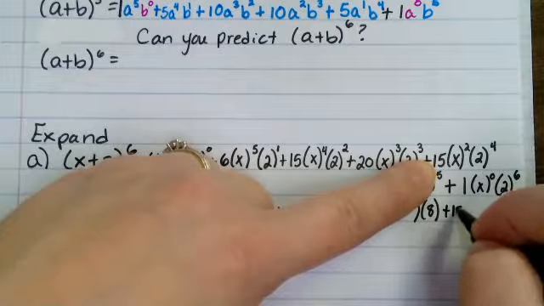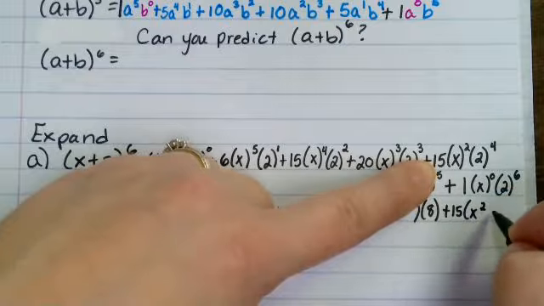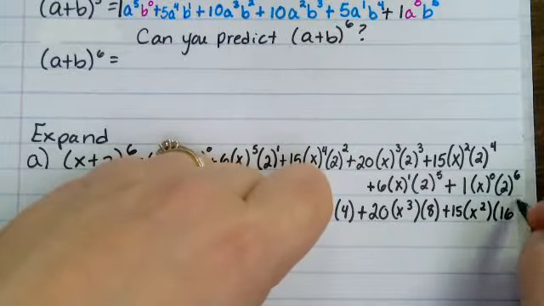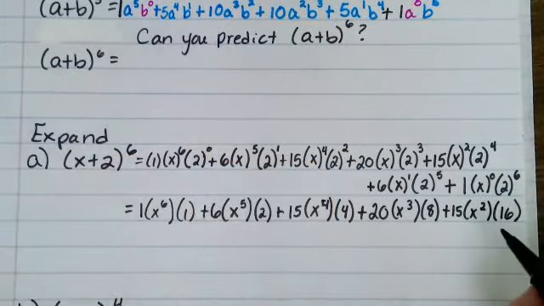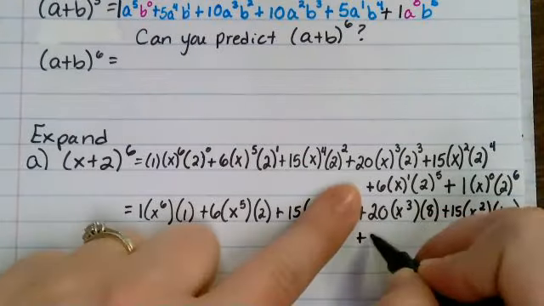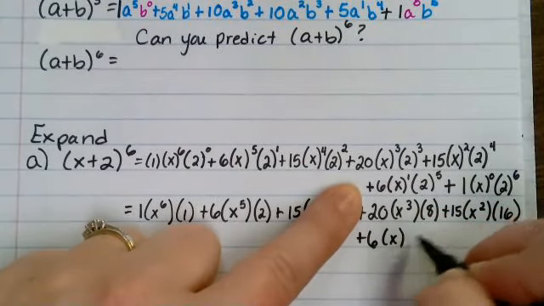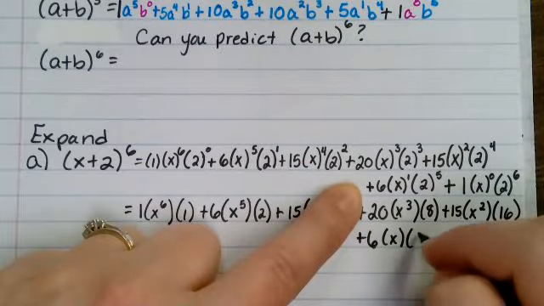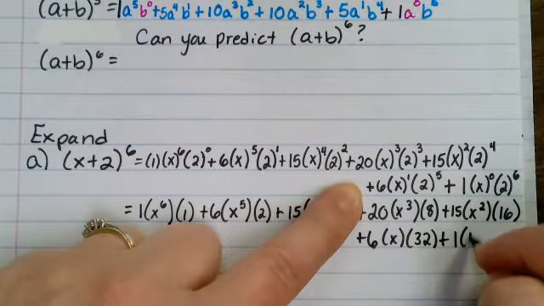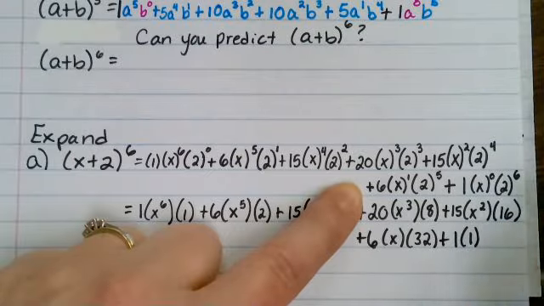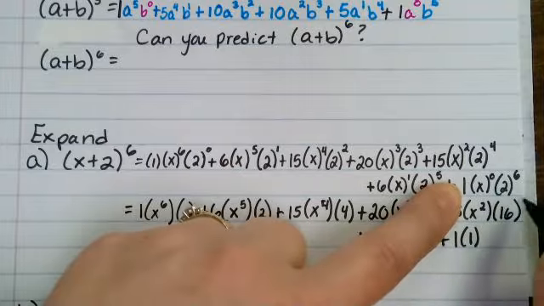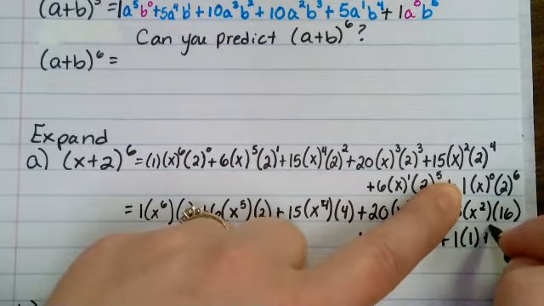We have 15 times x squared times 2 to the fourth, which is going to be 16. Okay, add this next row. We've got 6 times x times 2 to the fifth, which is going to be 32. Plus 1 times x to the 0 is 1. 2 to the sixth is going to be 64.